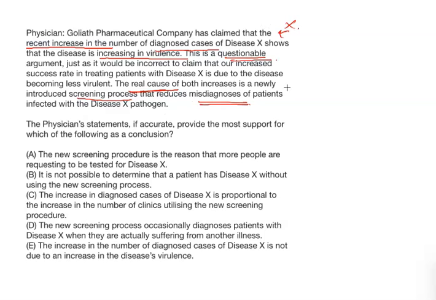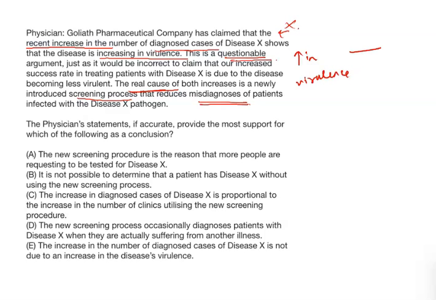So what is this argument saying? Let's just draw a quick diagram to understand this better. The physician is saying that the recent increase in the number of diagnosed cases shows that the disease is increasing in virulence is not correct. The real cause is a newly introduced screening process.